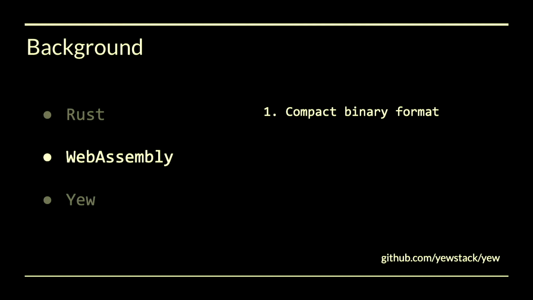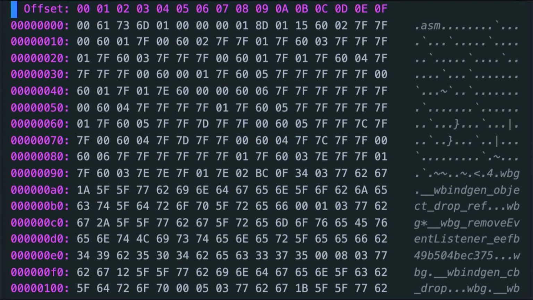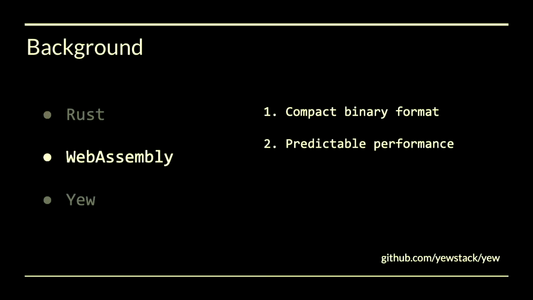So WebAssembly, what is it? It's a programming language with a binary format, which is really super compact. It kind of looks like machine code that you couldn't really understand. But you don't have to worry about that because the whole point of it is that it's an intermediate representation.